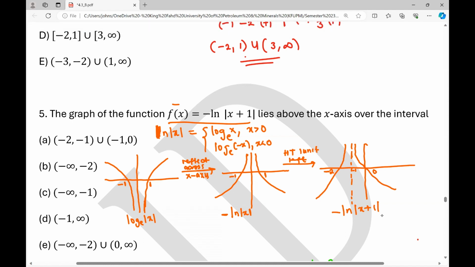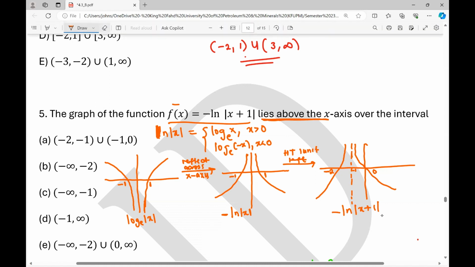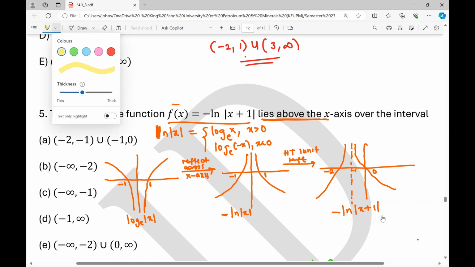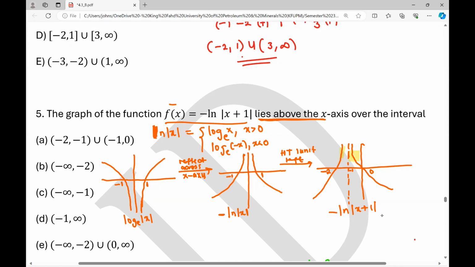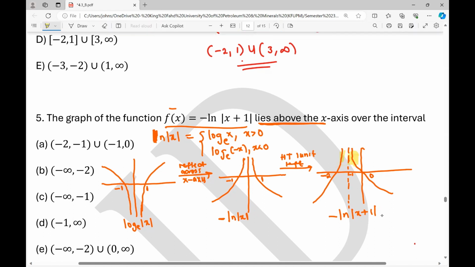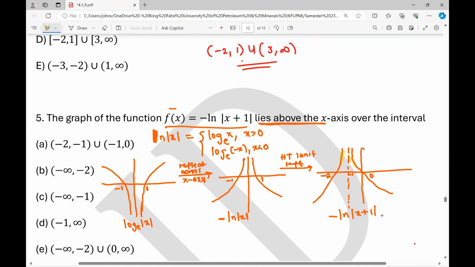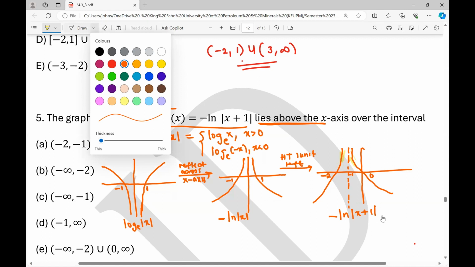So if we are looking for where it's above the x-axis, because above the x-axis means you're looking for y positive, right? You can see here, all this part is above the x-axis. So you're looking for this portion, and also here. But we need to take the x interval. So it's going to be from where?